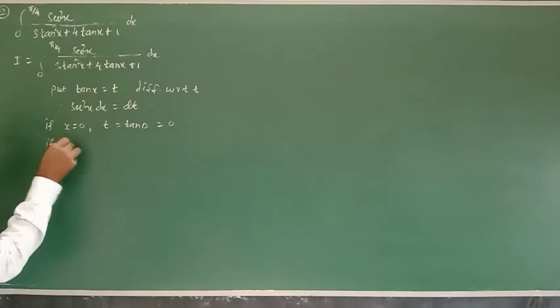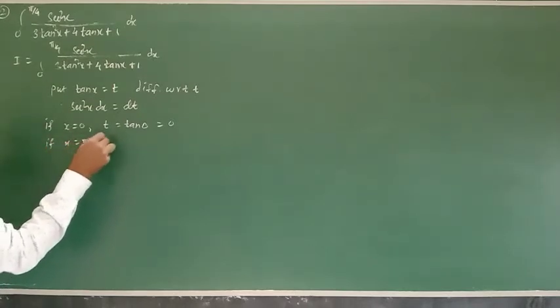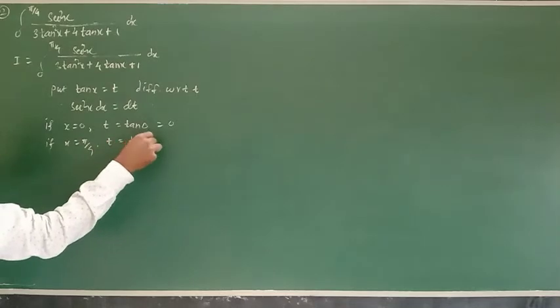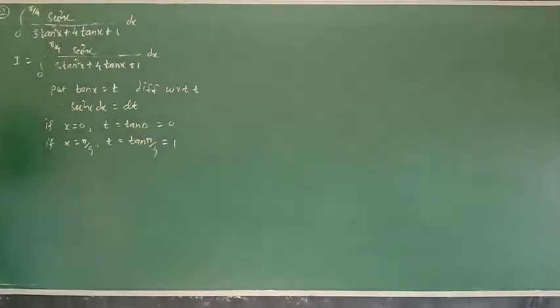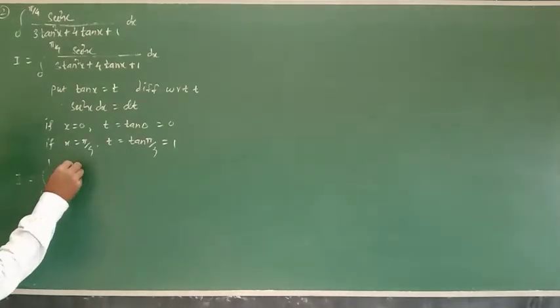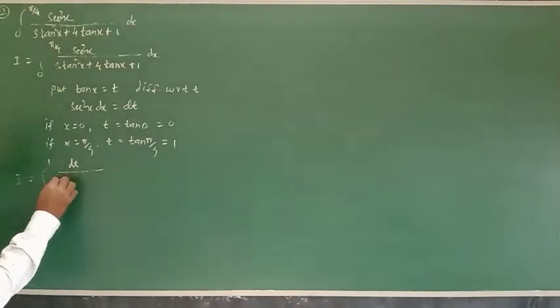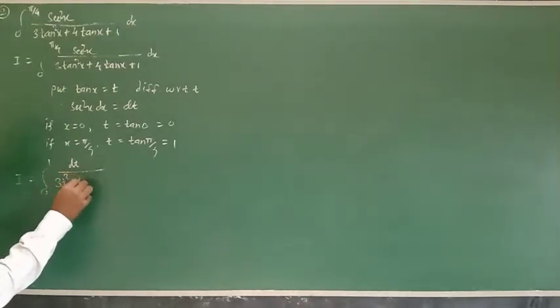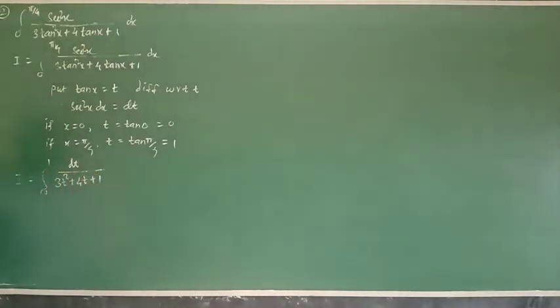If x is equal to pi by 4, then t is equal to tan pi by 4, and its value is 1. So definite integration I is equal to 0 to 1 dt upon 3t square plus 4t plus 1.